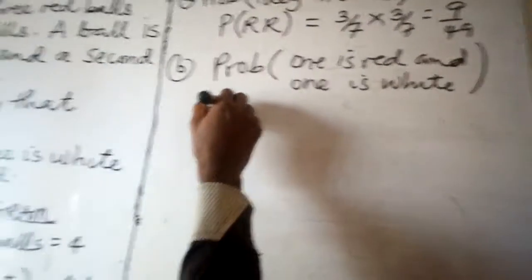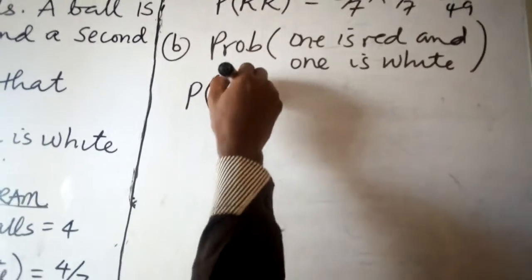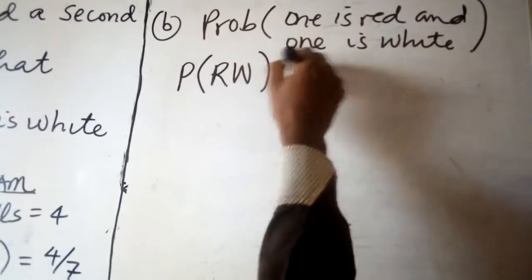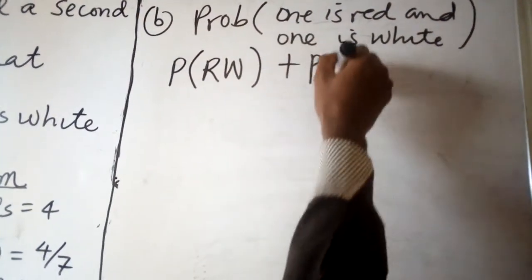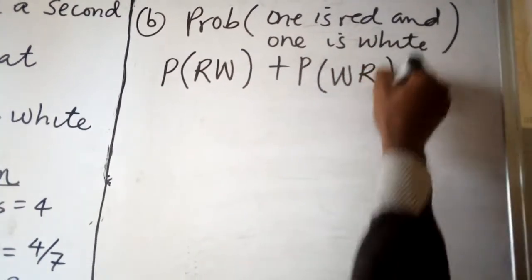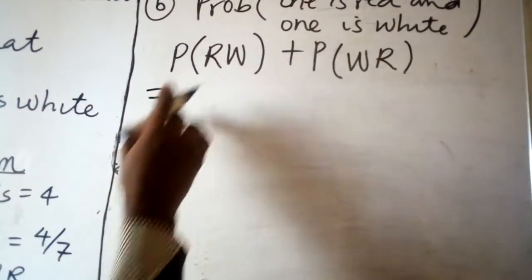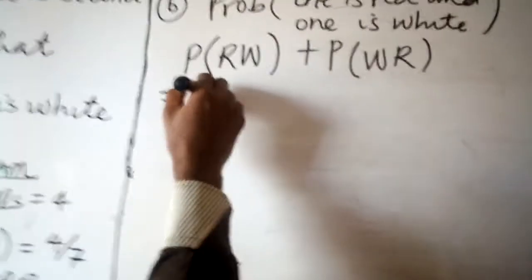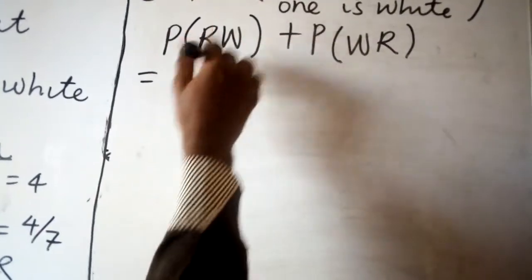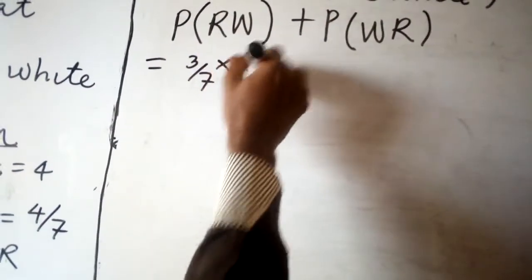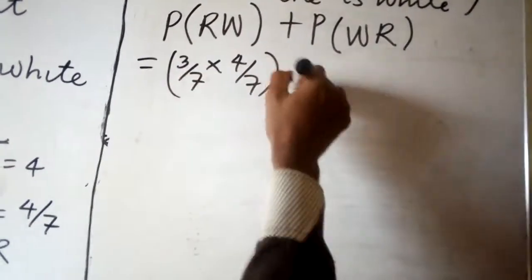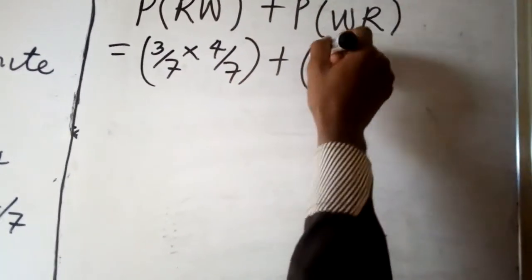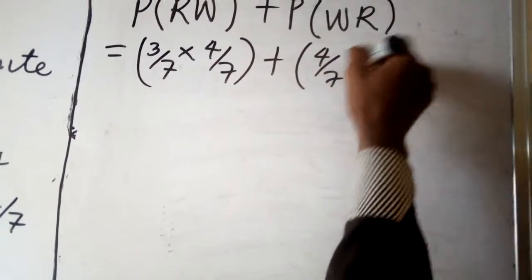So the probability will be that the first one is red and the next one is white, so the probability of red is 3/7 and that of white is 4/7, plus the probability of white is 4/7 and that of red is 3/7.